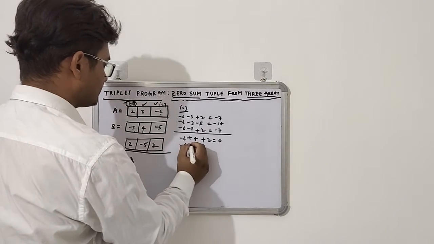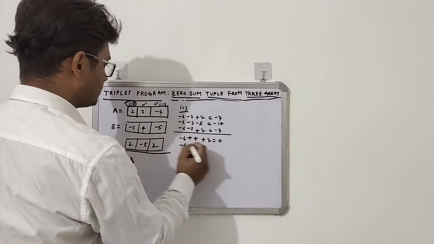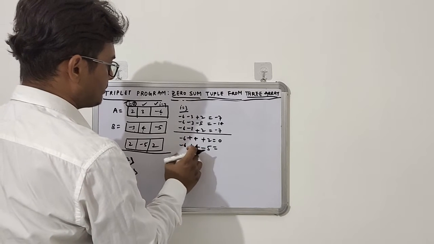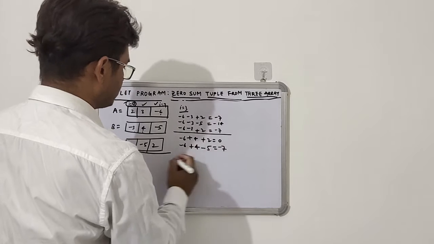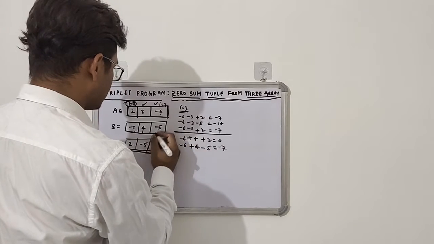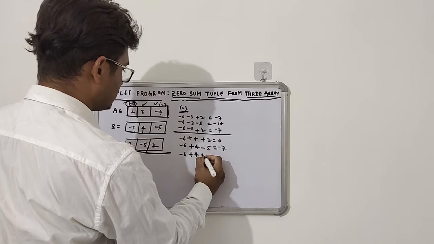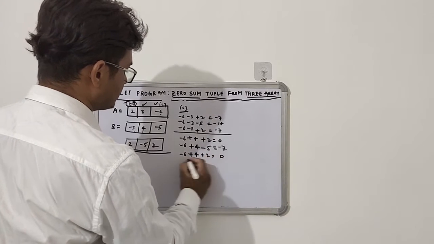Again minus 6 plus 4 minus 5, this will be minus 2 minus 5, minus 7, and again minus 6 plus 4 plus 2, this will be again 0, right?